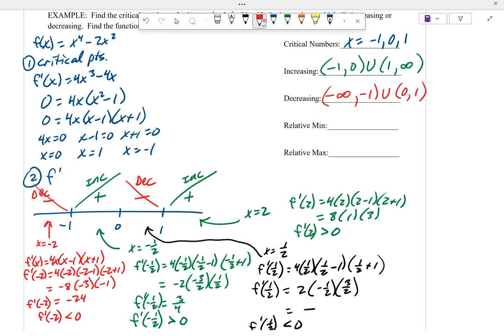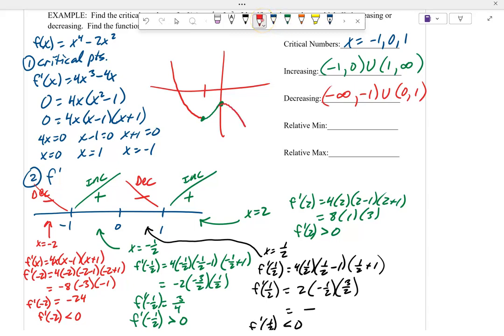And then what about relative mins or maxes? Well, the original function decreases until -1, and then after -1 until 0, it increases. So it increases, let's say to here, until 0. And then I'm going to try and draw this.